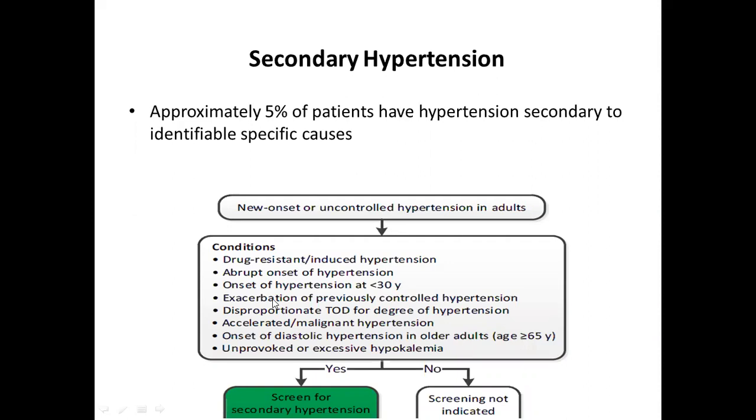This special group of patients who meet these criteria should be screened for secondary hypertension, and they should undergo extensive investigation to find out the cause. Because in secondary hypertension, if you can identify the cause and treat it, then the patient can revert to normal tension. So it is very important to identify secondary hypertension in relevant cases.